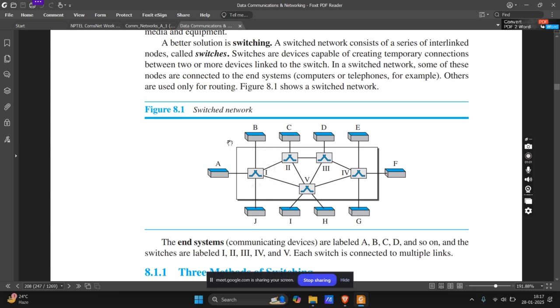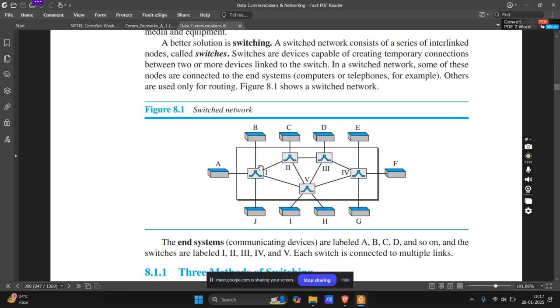But all users are not connected to one hub. These hubs are connected in a mesh, all interconnected together, but all the users are not. There is no direct link between A and B, or between A and E, but all the switches are connected together.